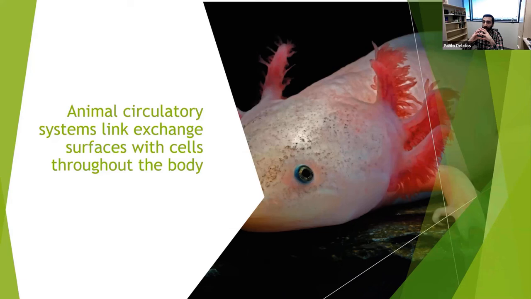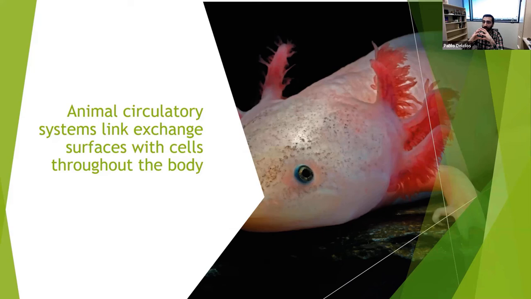But for things with more complex body plans, like this axolotl or ourselves, we need something else. And so more complex organisms like ourselves have adopted an alternative adaptation for this efficient exchange of oxygen and CO2, and that is a circulatory system.